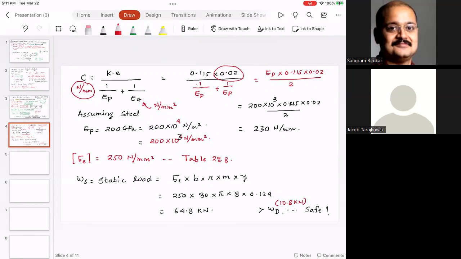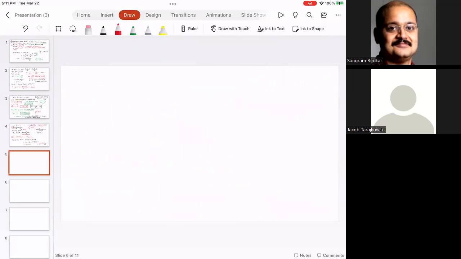So next thing, we have to find out the wear load, WW. First, we have to find out Q. Now, this is external gearing.